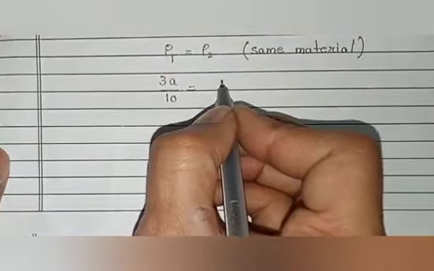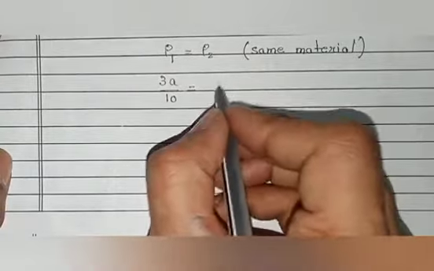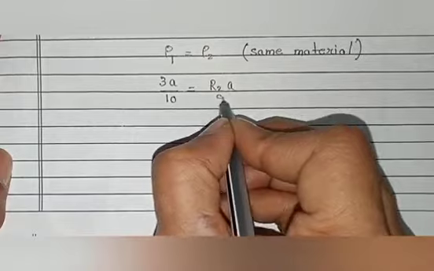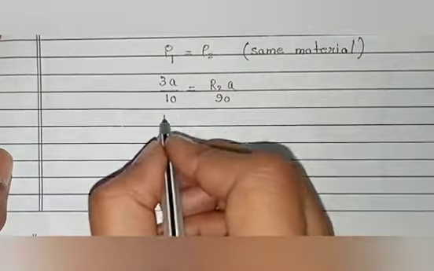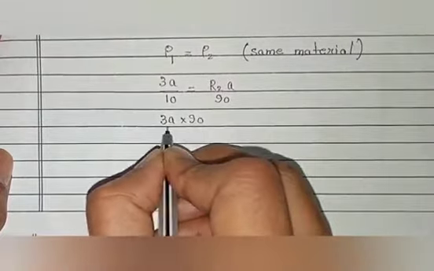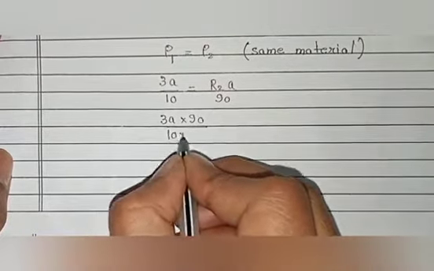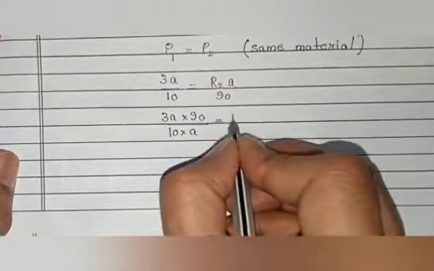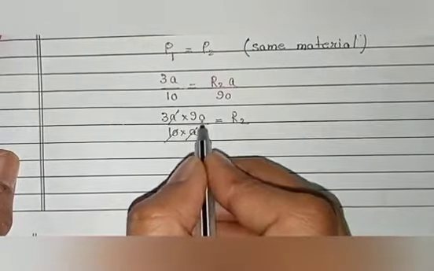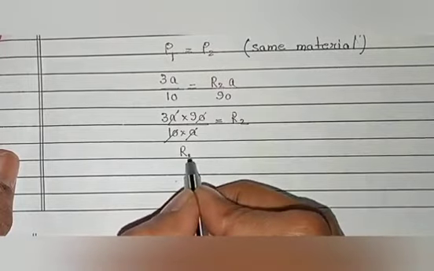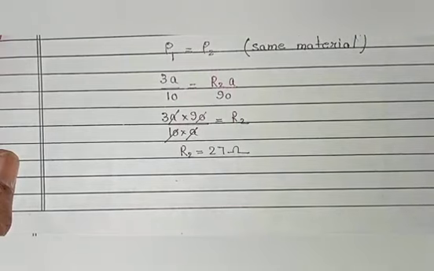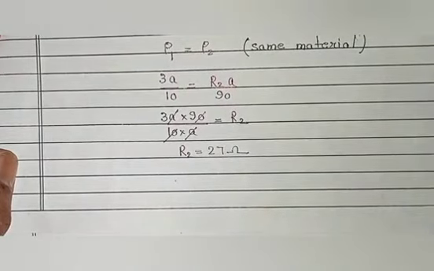In case 2, we got R2 into A upon 90. So when you cross multiply, this is 3A into 90 upon 10 into A. So the resistance will be 27 ohm. So this will be the resistance in case 2.